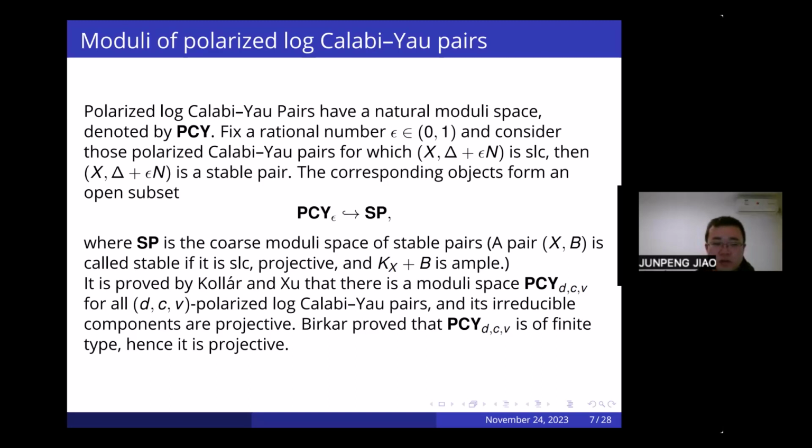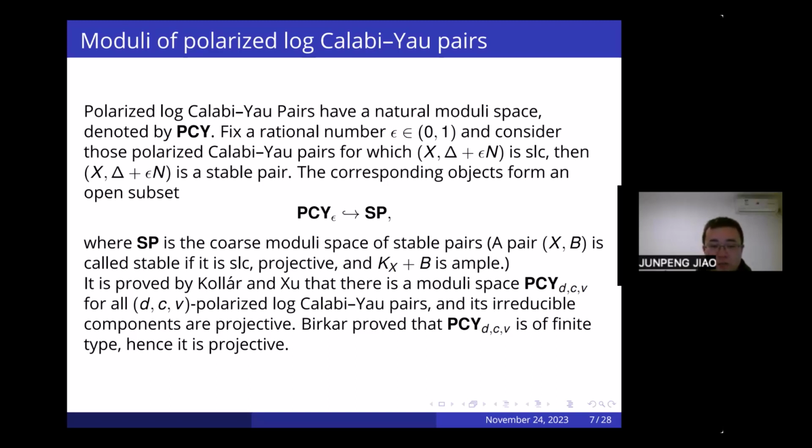It is proved by Kollár and Xu that there is a moduli space once we fix the DCV, for all DCV polarized log Calabi pairs. But this moduli space may have infinitely many components. So they can only show that every irreducible component of this moduli space is projective.